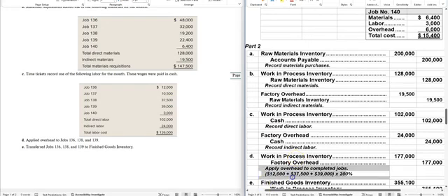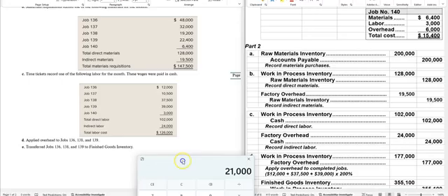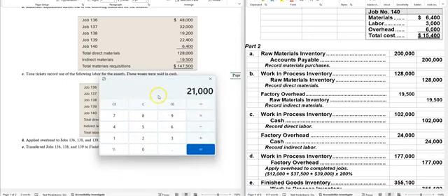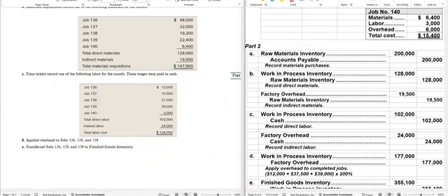So if I add up those 3 costs and multiply those by 200%, 12,000 plus 37,500 plus 39,000, 88,500 was the total labor incurred on those jobs, times 200%. 177,000 is the amount of overhead that I want to apply.